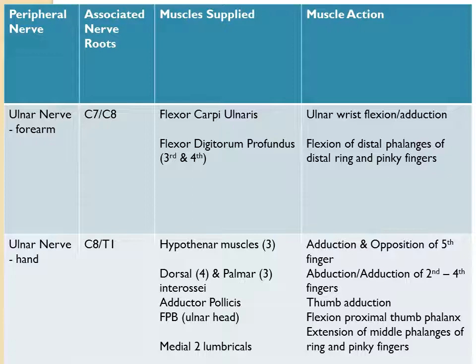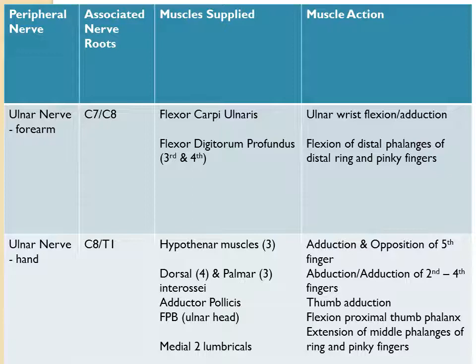We would find it in the forearm. In other words, C7 fibers would not innervate muscles of the hand. But if there is contribution from C7, we would find it contributing to innervation of muscles in the forearm. But let's focus our consideration that muscles served by the ulnar nerve in the forearm are largely C8.